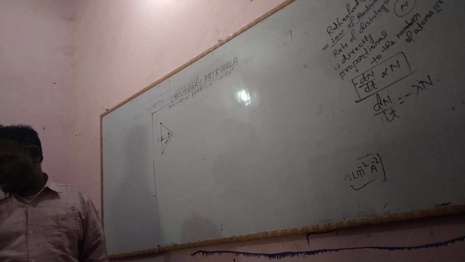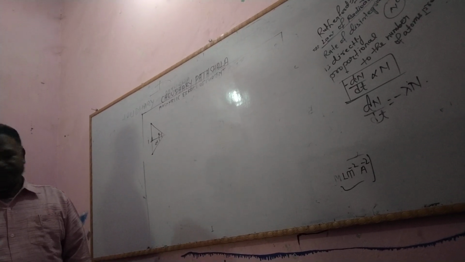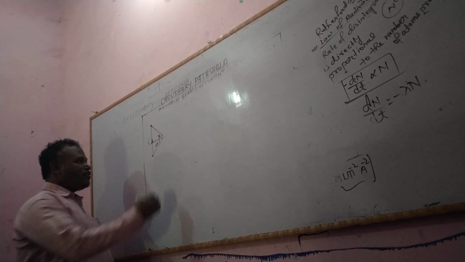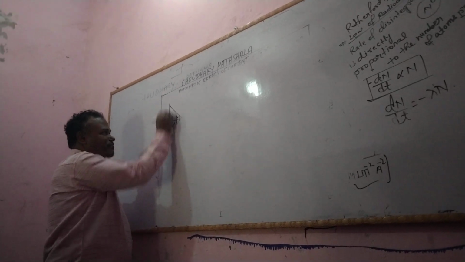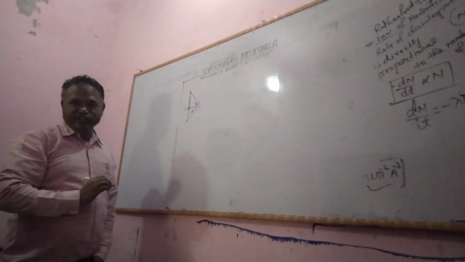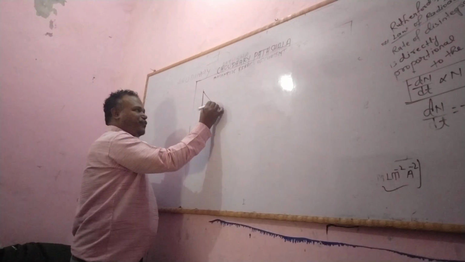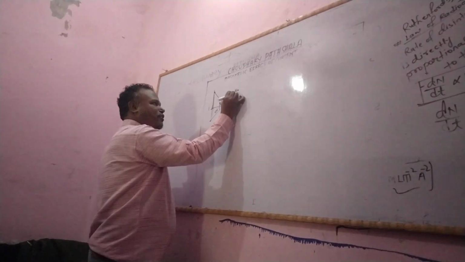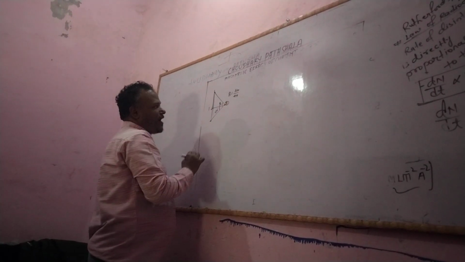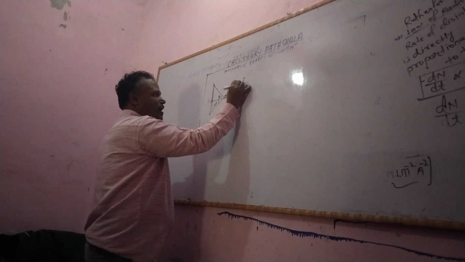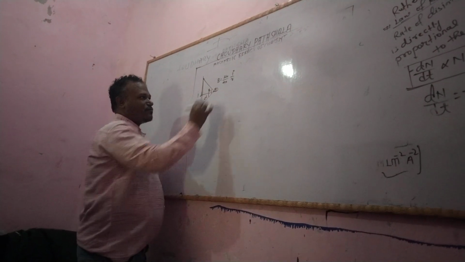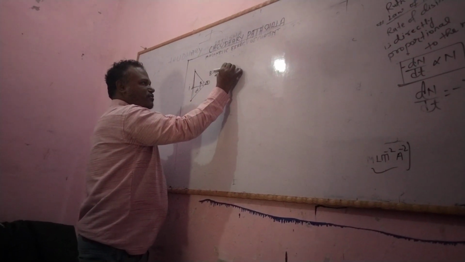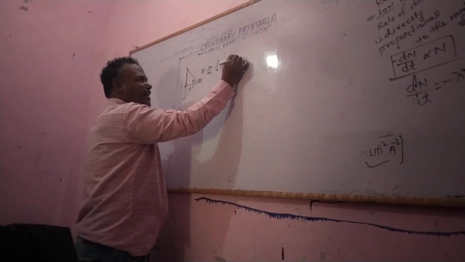Then force acting on current elements. Understanding this? So this is magnetic field due to a straight wire. And here the magnetic field is given by B is equals to mu naught upon 4 pi, I upon R, sin alpha plus sin beta.